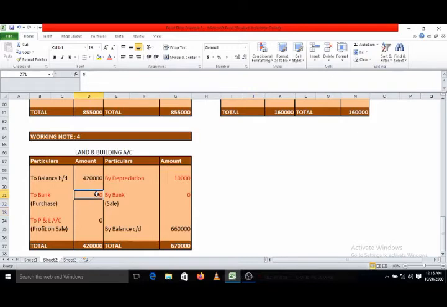So how much is it? That is 6,70,000 minus 4,20,000. So that comes to 2,50,000. Now we can check out this account also tallies. So there was a difference in this account by rupees 2,50,000 on account of purchase of new land and building.